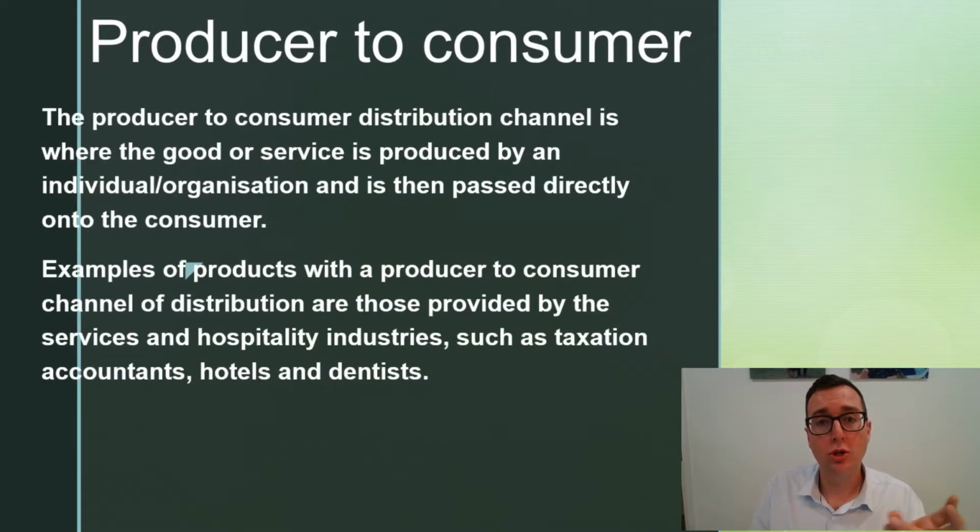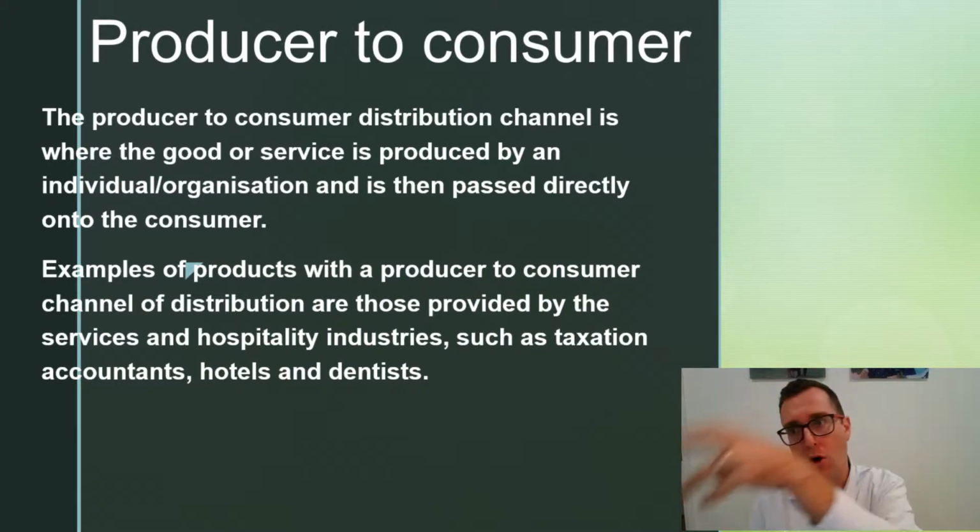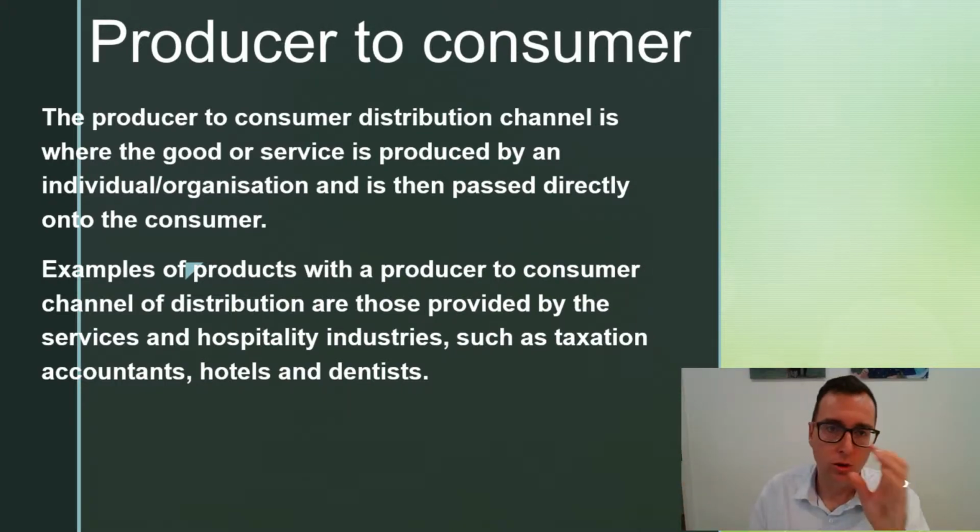So producer to consumer. What's the advantage of that, and what are the issues with that? When it's the producer selling directly to the consumer, the advantage of marketing for that business, the P2C method, is that the quality is able to be controlled much better by the producer. If you make a product and you can sell it straight to old mate the consumer, you're able to better control the quality that's being used.